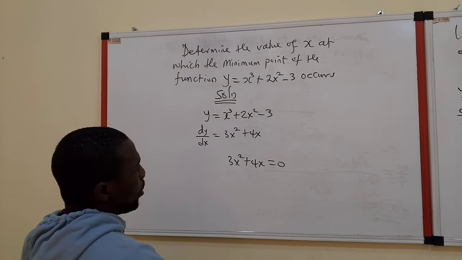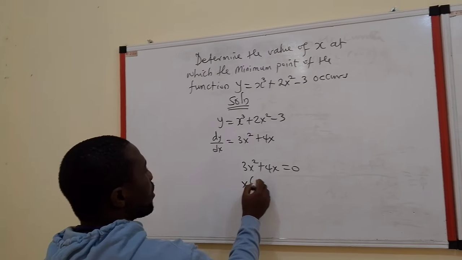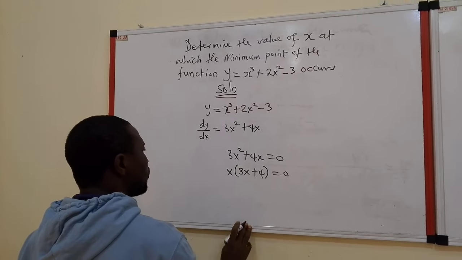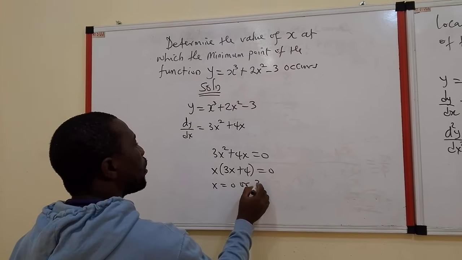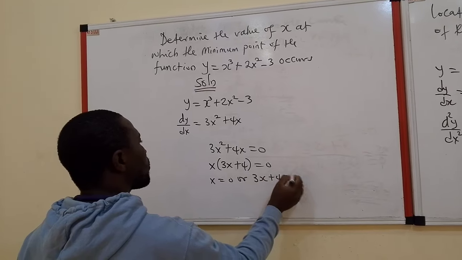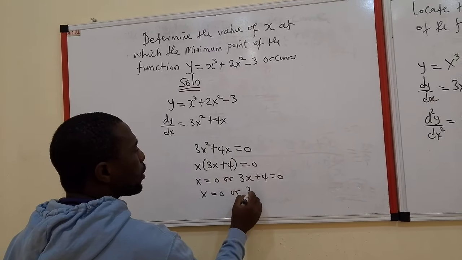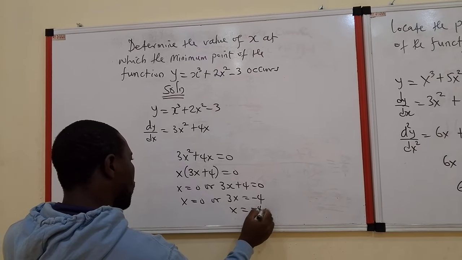So we factorize it. What's common is x. x into 3x plus 4 equals 0. It implies that either x is equal to 0 or 3x plus 4 is equal to 0. x is 0 or 3x is equal to minus 4. x is equal to minus 4 over 3.